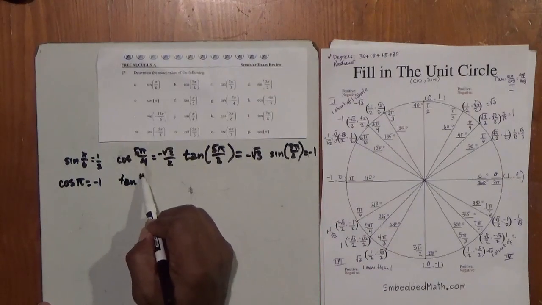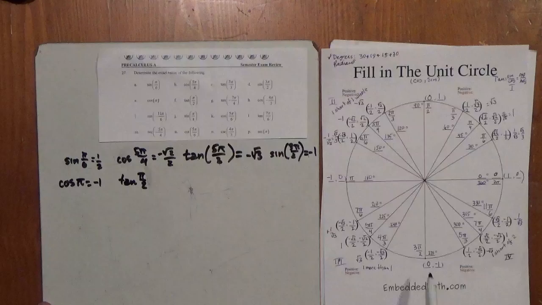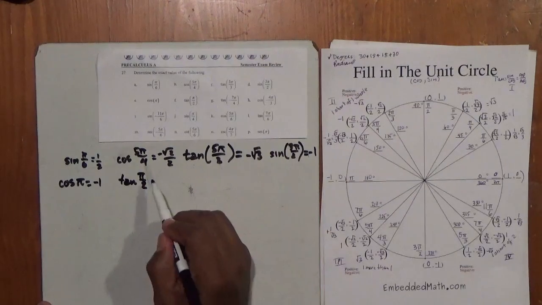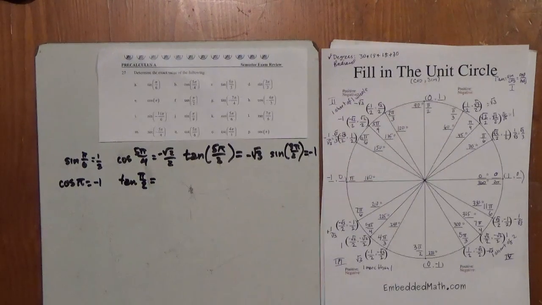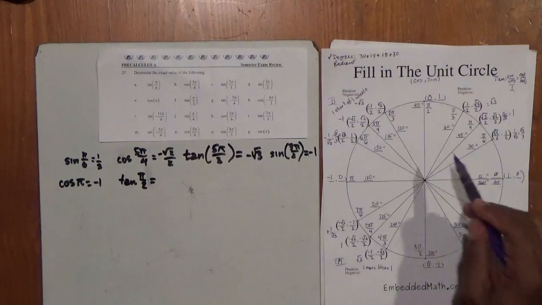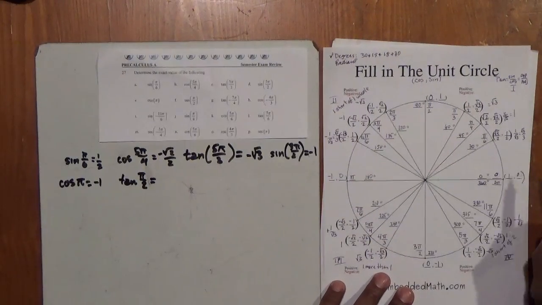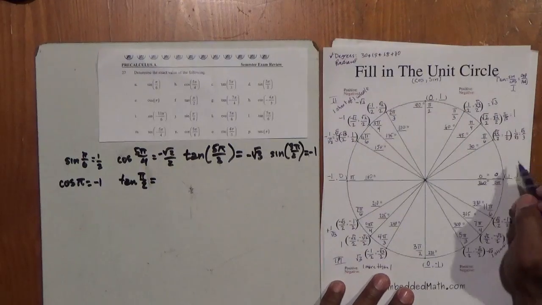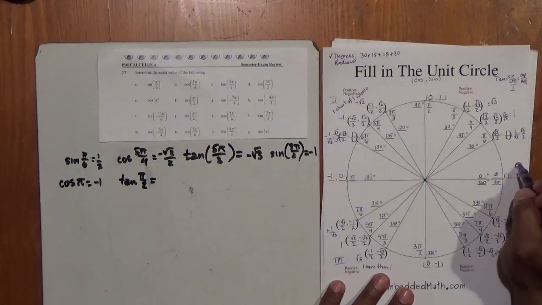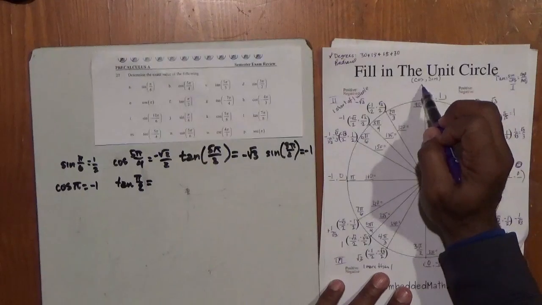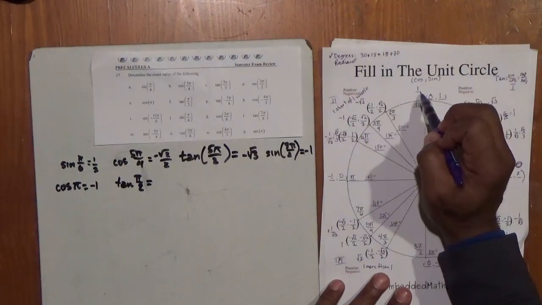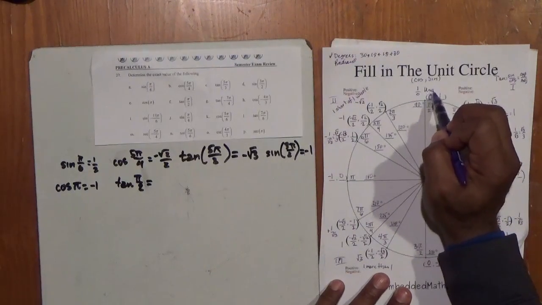Tangent pi over 2. Oh my gosh, you know what? We forgot something on our unit circle. We'll do it right now. On our unit circle, we forgot about this 0, 90, 180, and 270 for tangent. So remember, tangent's always sine over cosine. So this is 0 over 1, which means the tangent is 0 here. Tangent is 1 over 0 here, which is undefined.